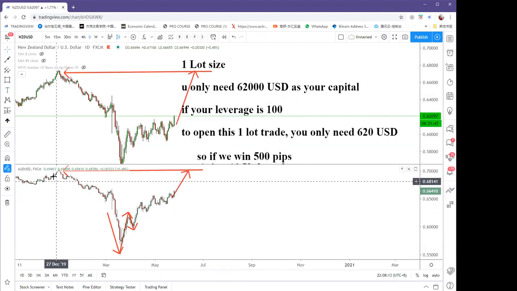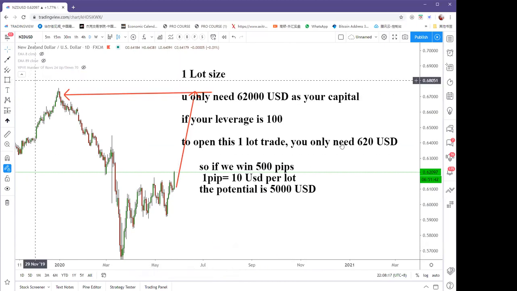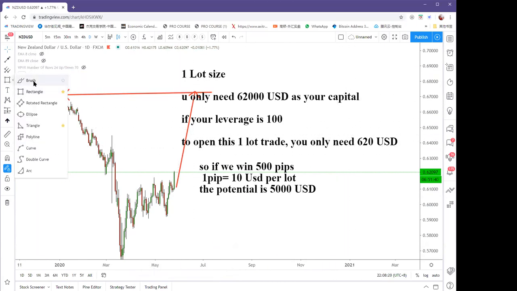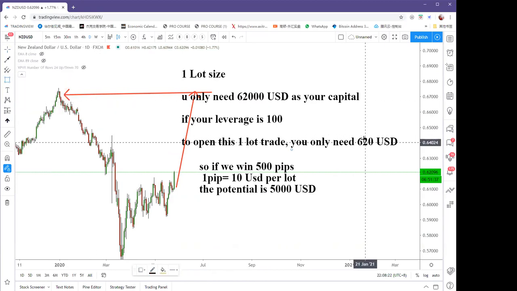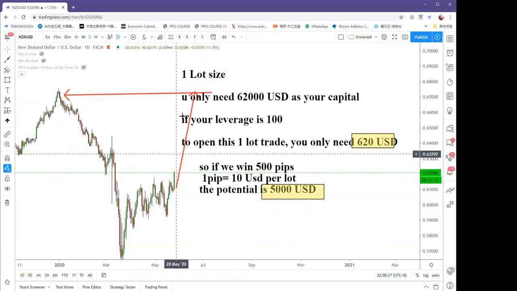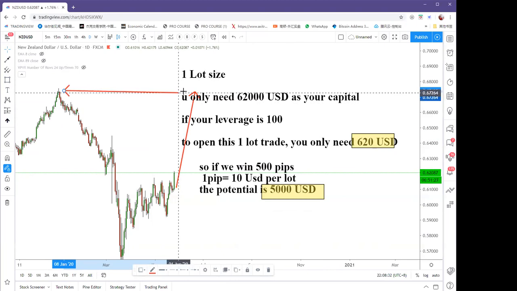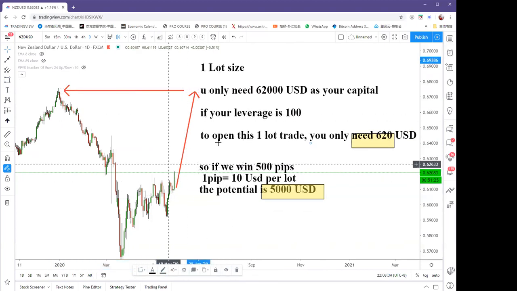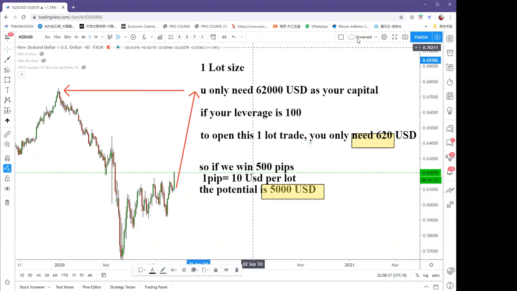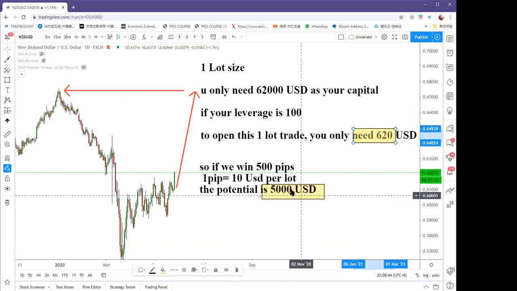So let me put this to you: potential gain is 5,000 US dollars. Compare this: your margin requirement is only 620, and you're going to win 5,000 US dollars for this trade. Do you think it is a very good idea? Do you think this is a very good business to capture this gain? Anyone? Yeah, you just require less money to open one lot, but you can earn 5,000 US dollars.